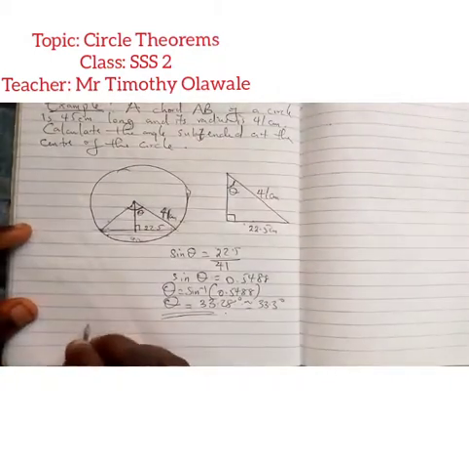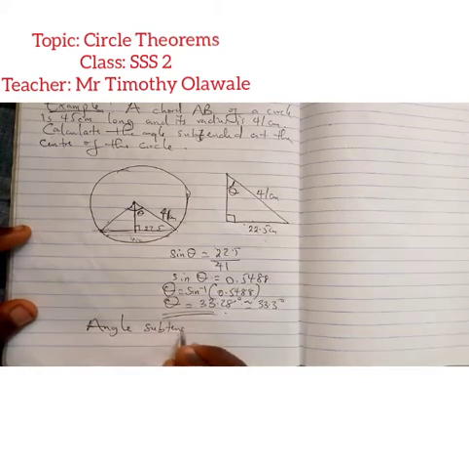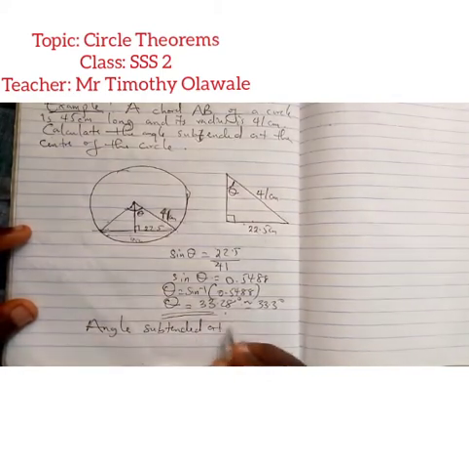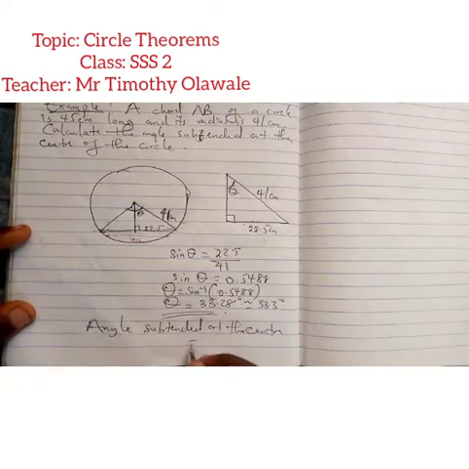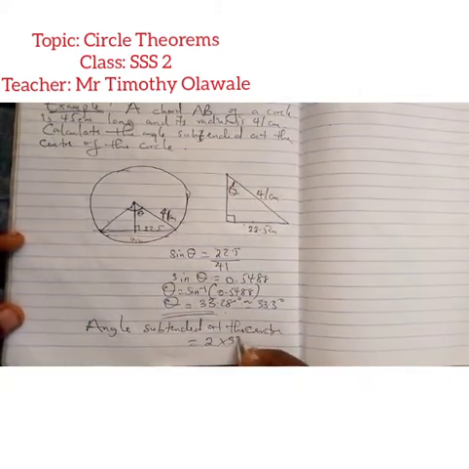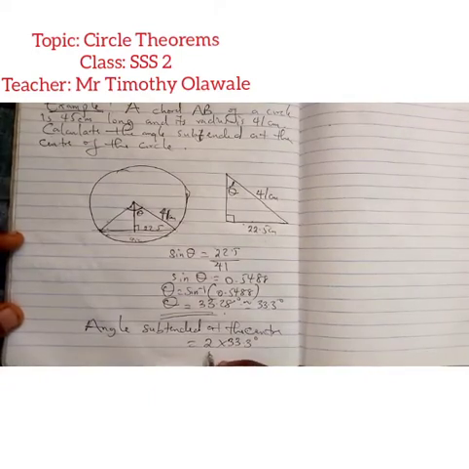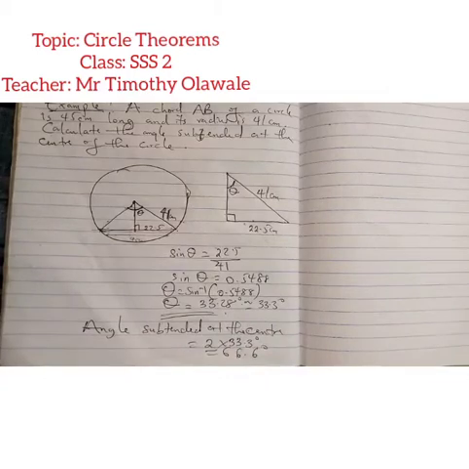So we now say the angle subtended at the center will be equal to 2 times 33.3 degrees, and that's 66.6 degrees. Is that clear?